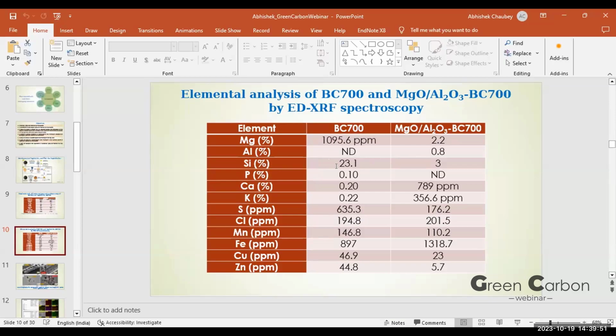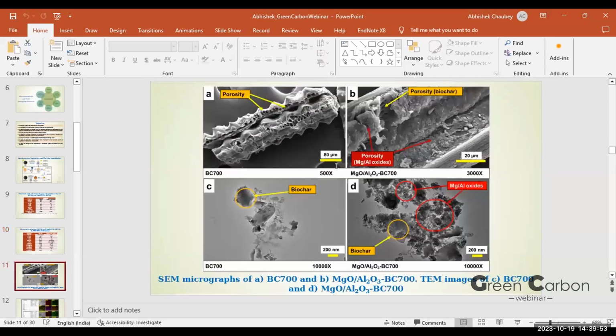Okay, from that we also performed the surface morphology using SEM and TEM. So we can see the surface morphology. There are pores in the biochar. A represents the simple biochar, and B is the modified biochar. We also see some roughness in figure B, the modified biochar.